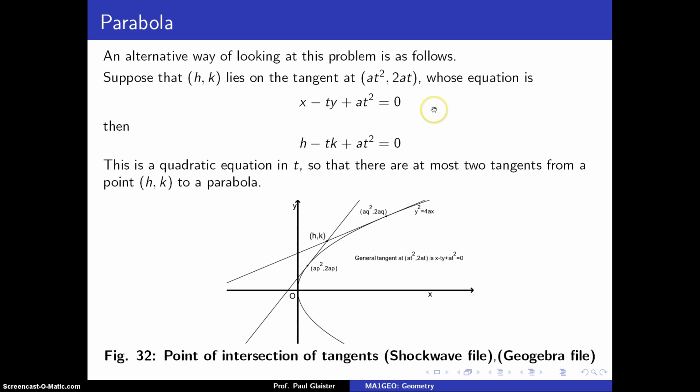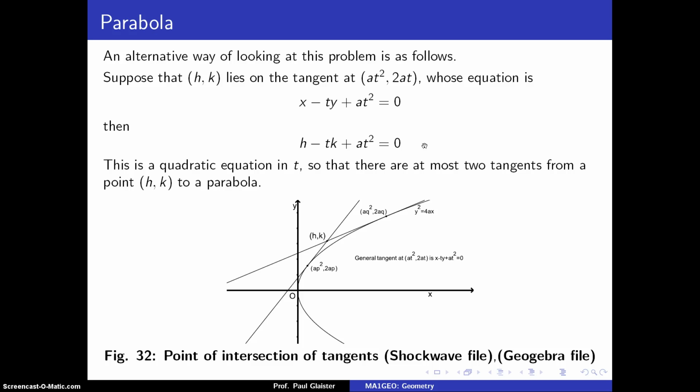So to begin with, any tangent at a point (at², 2at) will have a Cartesian equation given by this form here, where (x, y) represents any point on that tangent. Now by substituting into this equation for the tangent at some general point on the parabola the two coordinates h, k, we end up with this expression, and this just represents the fact that the tangent at (at², 2at) passes through (h, k).